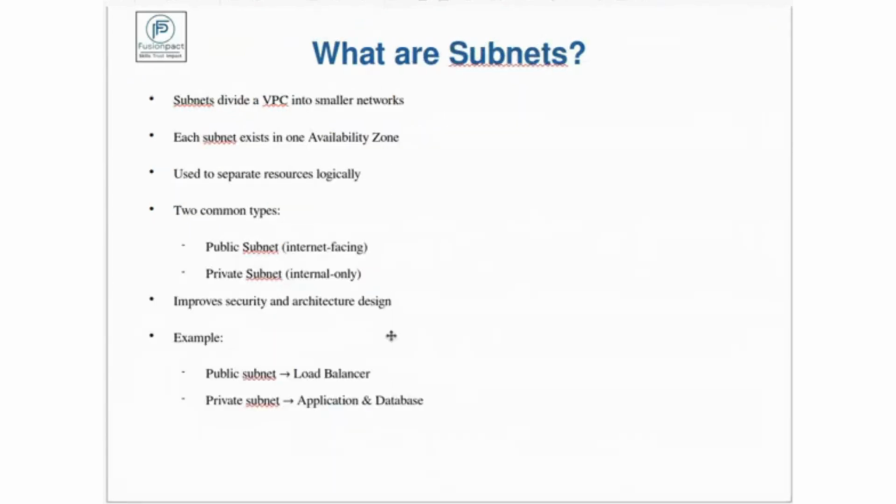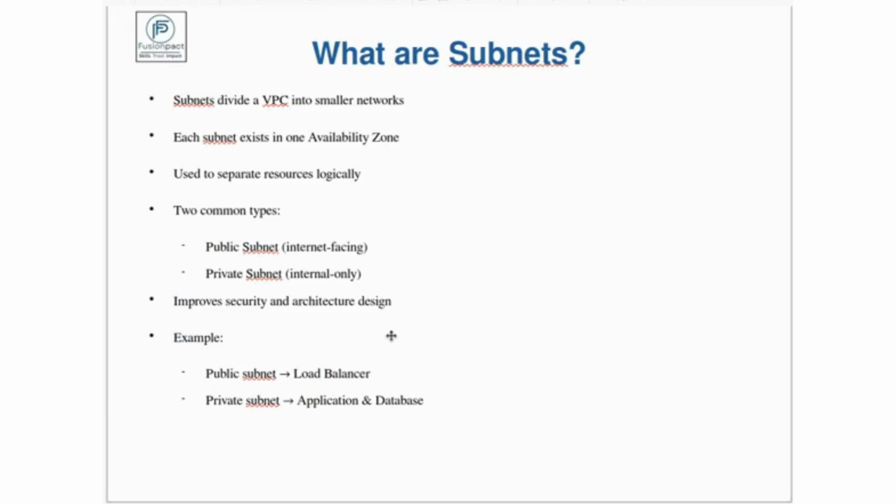So what are subnets inside a VPC? A VPC is a larger network area where we can take a certain IP range like 10.0.0.0/16. So we have 16 bits reserved for the network configuration part, and the last 16 bits are reserved for the host configuration part.